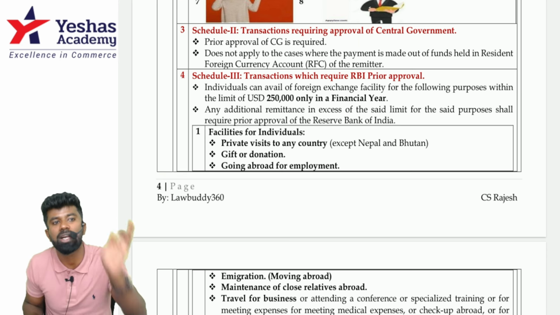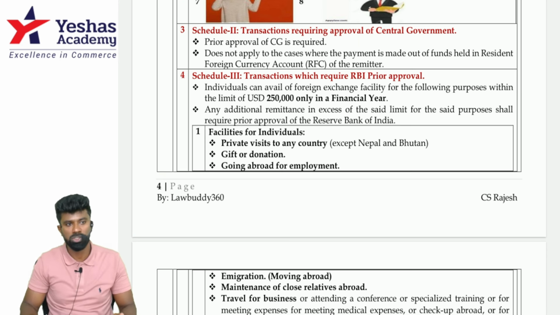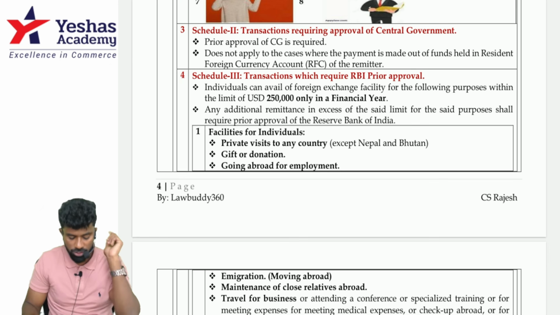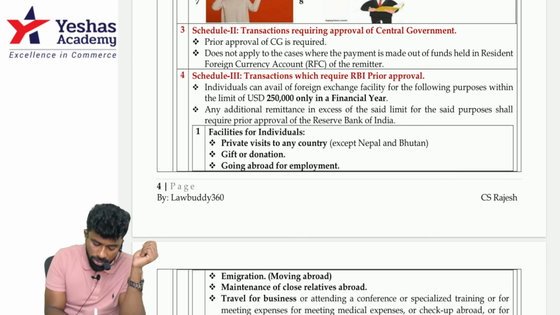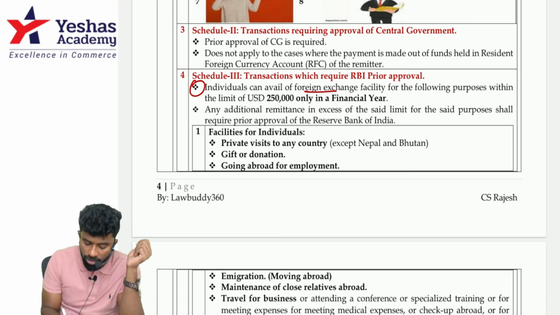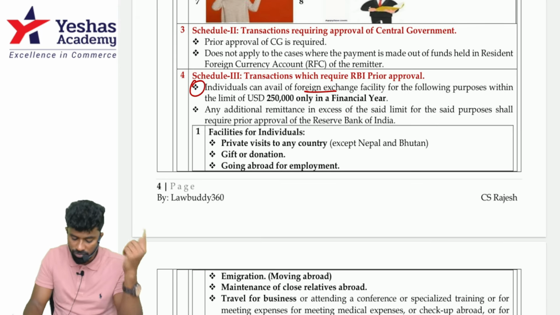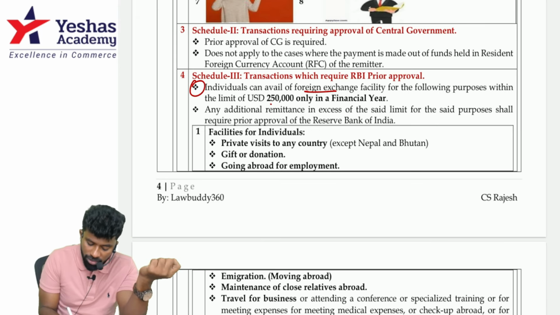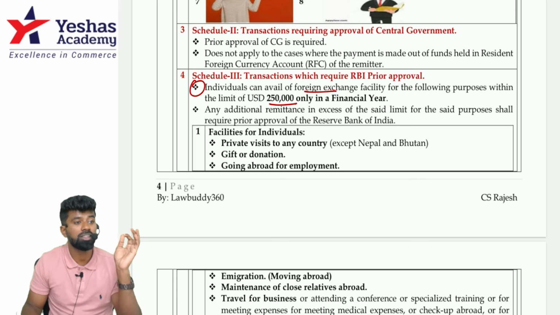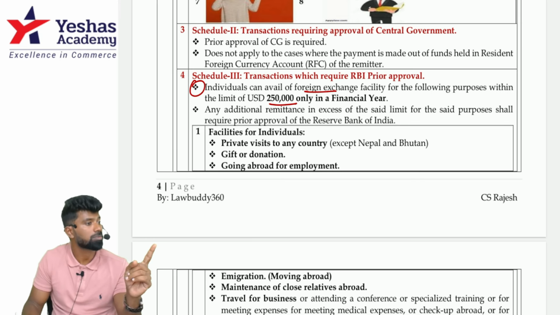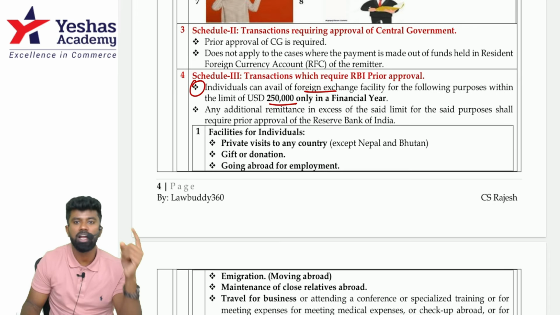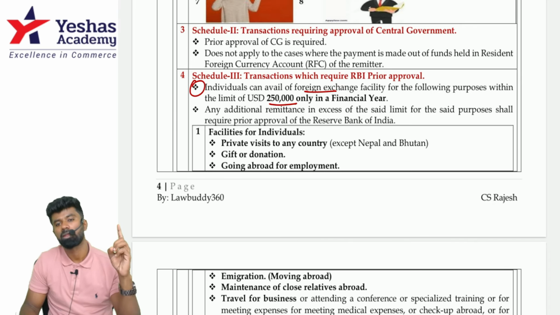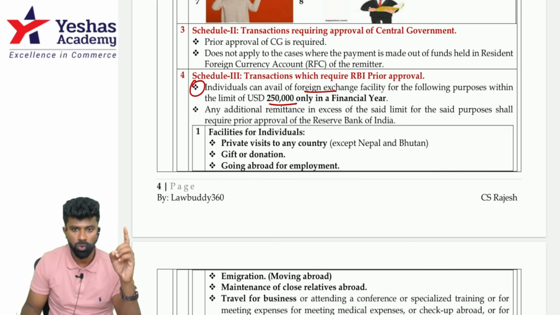Transactions which require whose approval? What is the first one? Individuals can avail the foreign exchange facility for the following purposes within the limit of 2,50,000 US dollars in a financial year, per person.